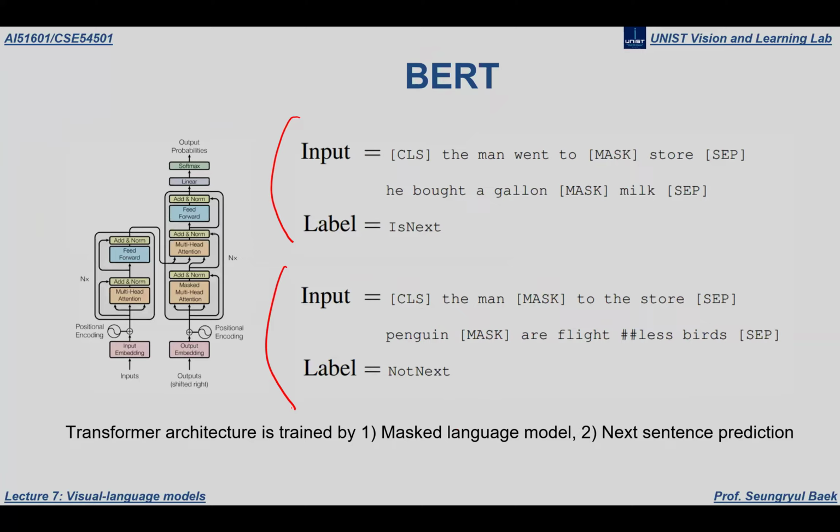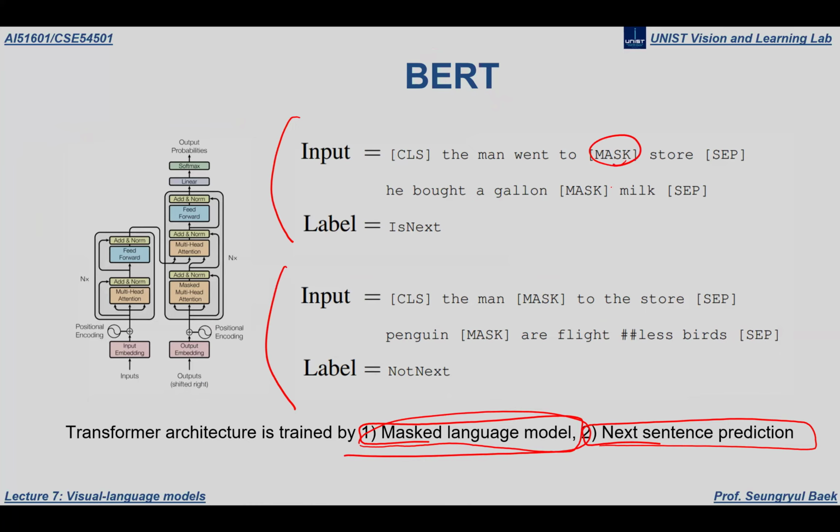What they did was two tasks. The first task is the masked language model. The next task is next sentence prediction. The masked language model makes a blank on purpose by removing some word inside the overall sentence, and then the task is predicting this removed word.